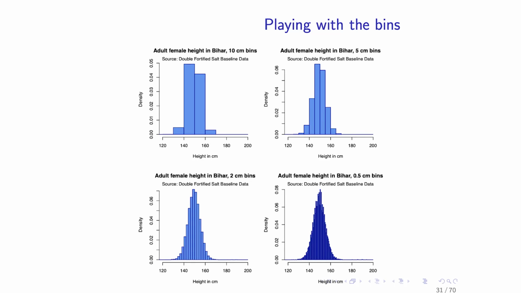Right, so we were playing with bins. And you can see that the number of bins that I put on the shape of the distribution might influence what I have to say about it. For example, with only very few bins at the top, I might think that the distribution seems to have some skewing to the left, maybe.